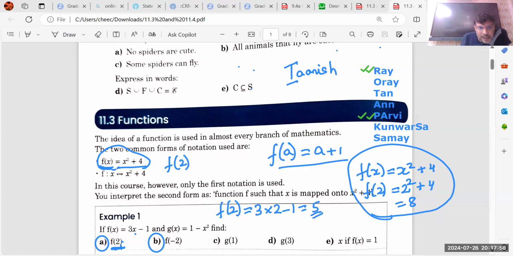Anvi, understood? So just do the B part. Those who have not done, just do the B part now.